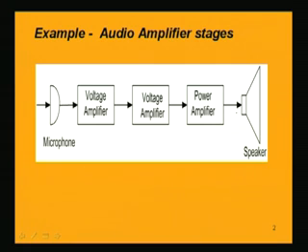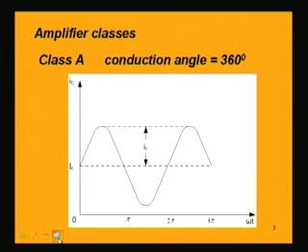If we consider a typical transistor amplifier, it will use a power transistor which can handle or dissipate a large amount of power. Now, the power amplifiers are of different types depending upon the time for which the amplifier operates, meaning the time of conduction of current.